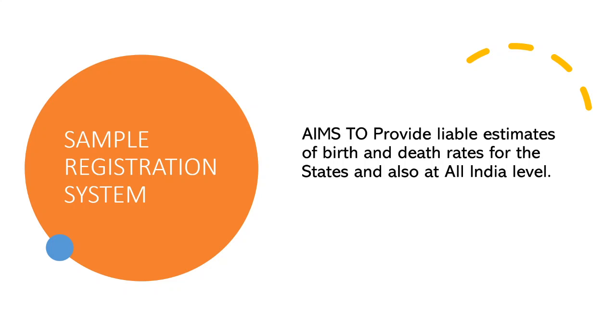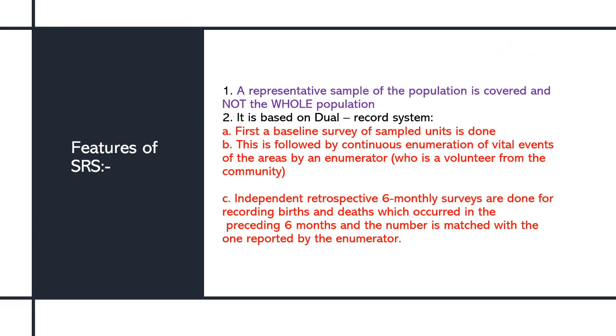Some of the features that ensure the completeness of vital events reporting are: a representative sample of the population is covered and not the whole population.